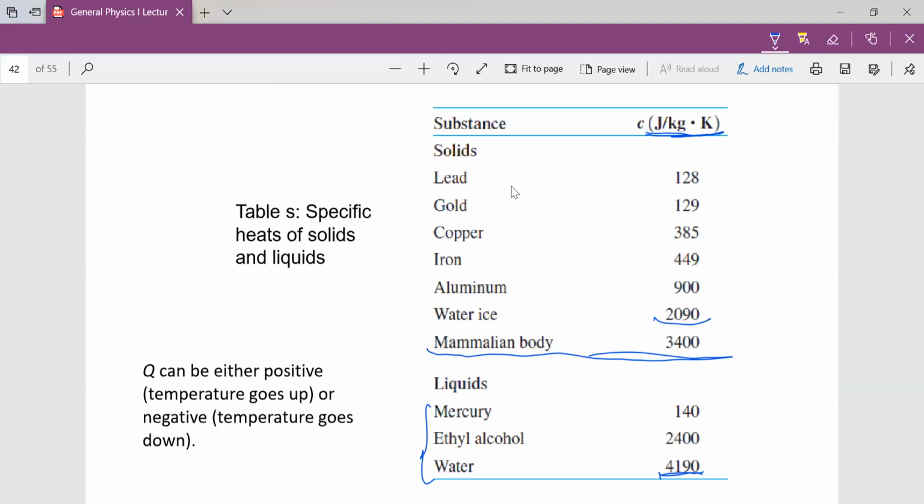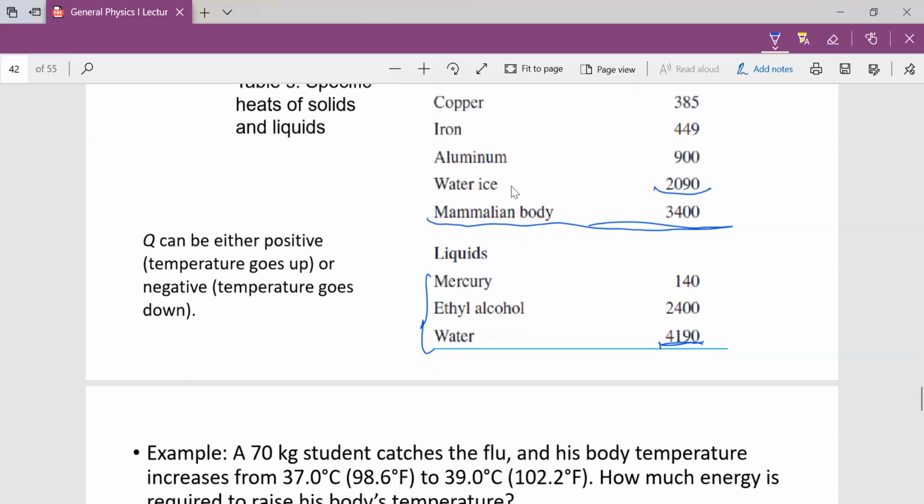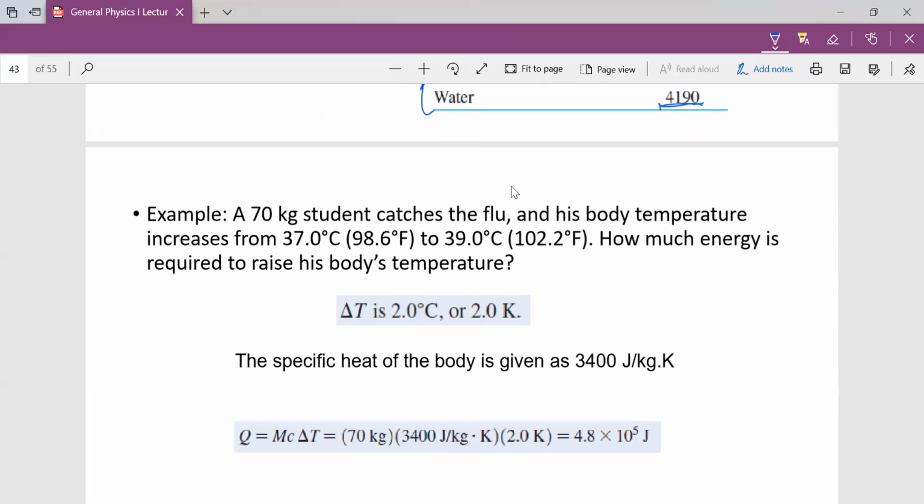But in this case, for thermal properties of material, when there's a rise in temperature, the system has positive heat, and when the temperature goes down, the heat is negative. Okay? So let's also see how we apply this to solving problems.